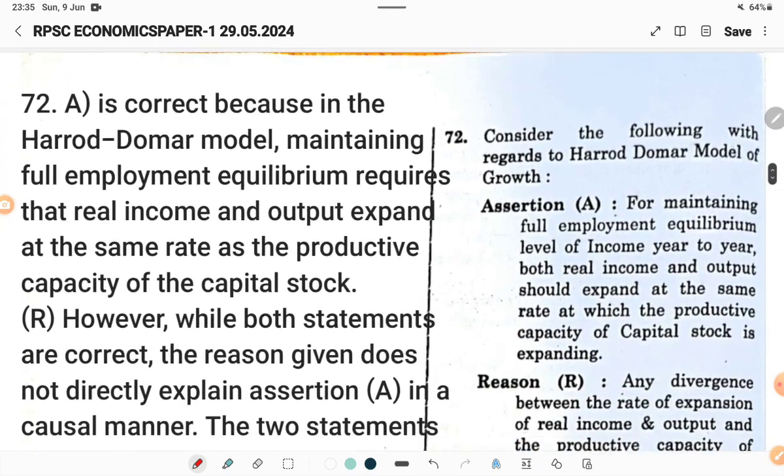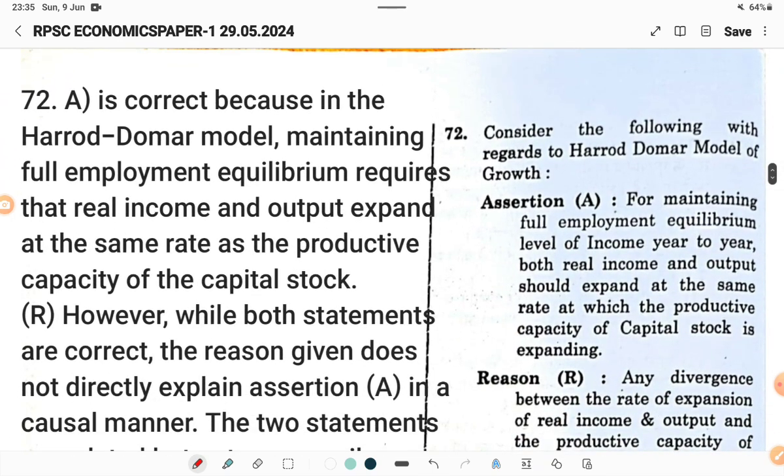Now the next question is 72. Consider the following with regards to the Harrod-Domar model of growth. Statement 1 or assertion A: for maintaining full employment equilibrium level of income year to year, both real income and output should expand at the same rate at which the productive capacity of capital stock is expanding.